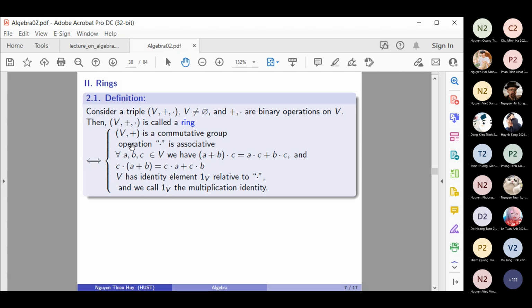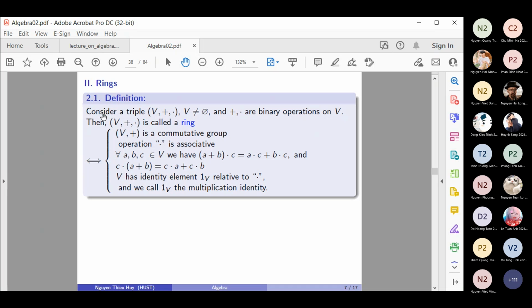So for rings, we consider a triple: a non-empty set V and two binary operations, plus and multiplication. I repeat that V is not empty, and addition and multiplication are binary operations on V.